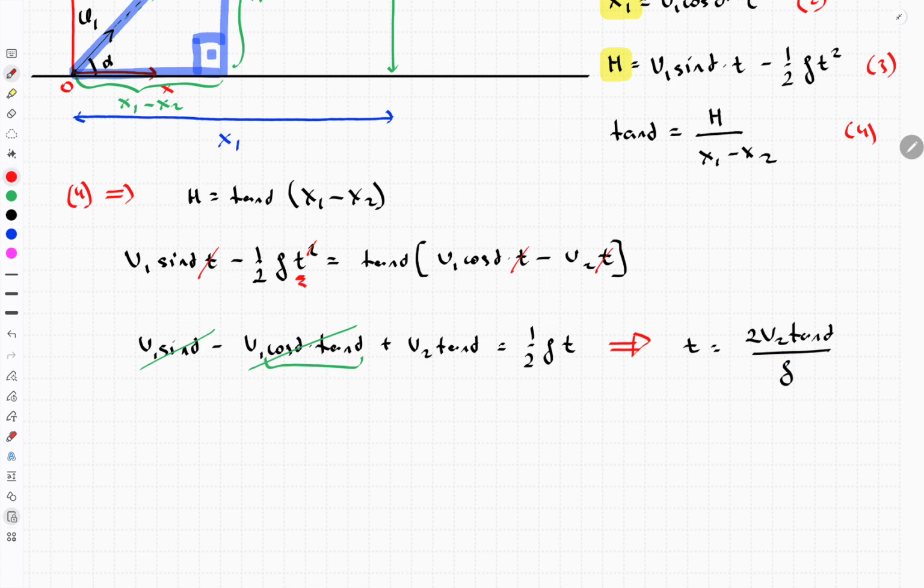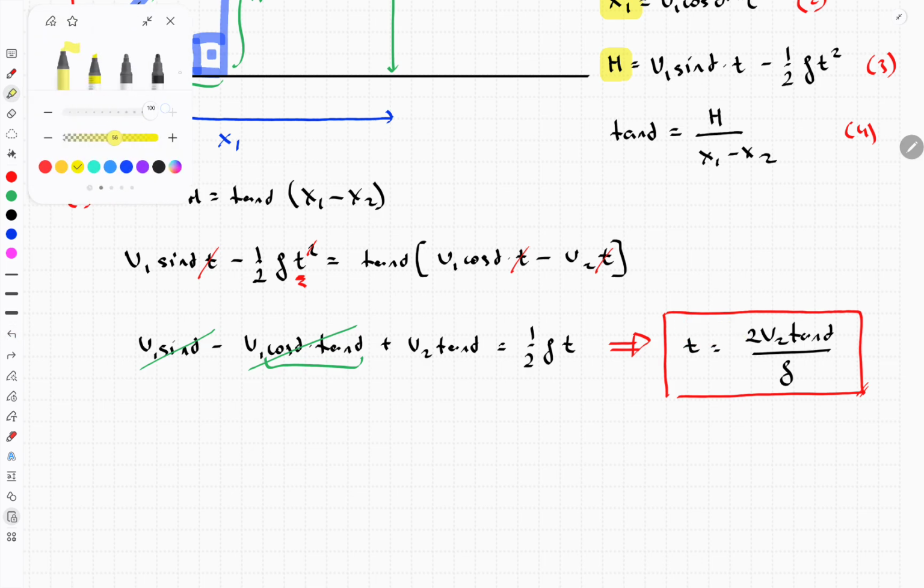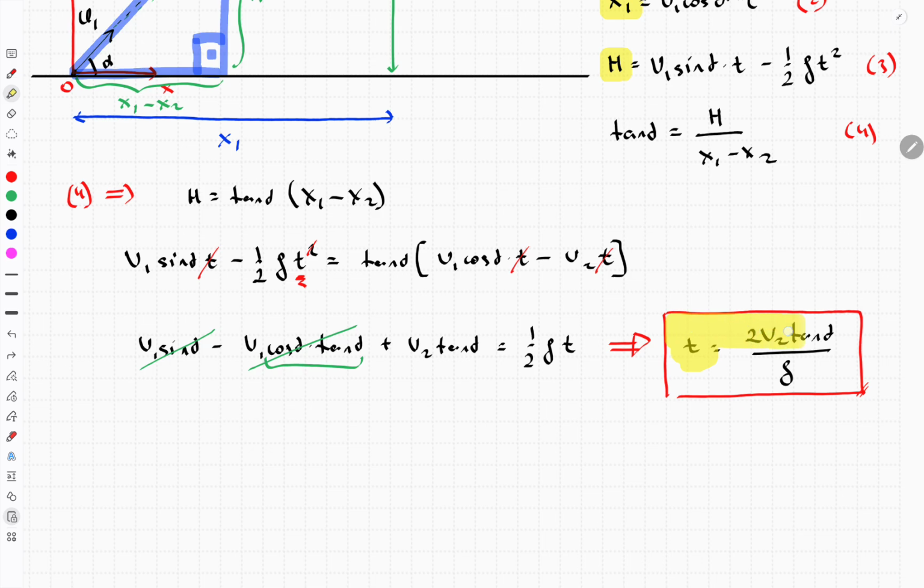So this is the time. This is the flight time, let's say. Now we can come back to equation number 3 and calculate height. So physics part finished.